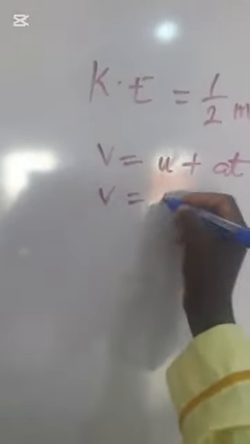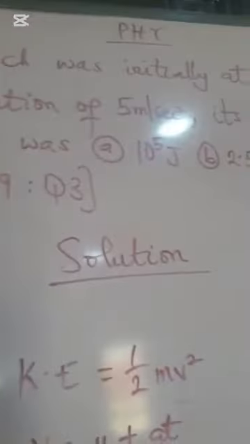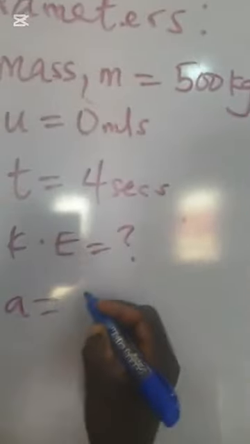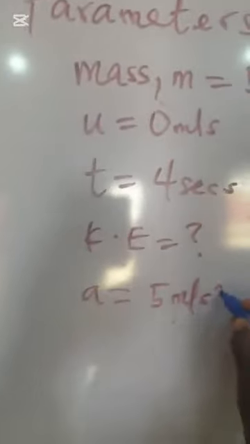So what's our v? That's what we are looking for. It is equal to our u, which is 0, plus our acceleration. Oh, I did not write out the acceleration. They said with an acceleration of 5 meters per second square, so our A is equal to 5 meters per second square.